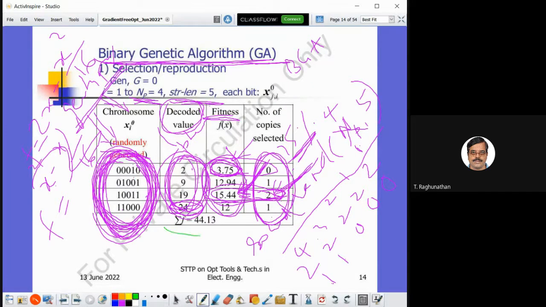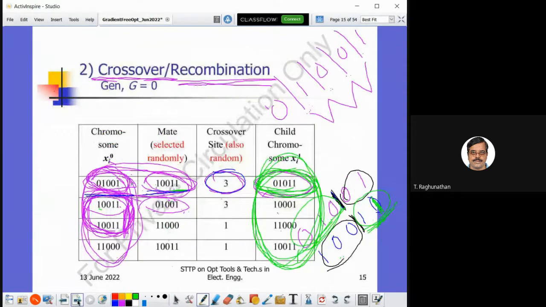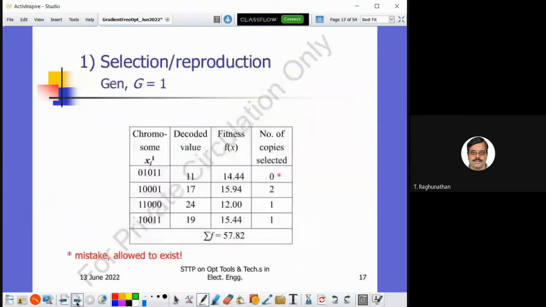The combined fitness of all these parents, the cumulative fitness, sigma f is equal to 44.13, by adding all this fitness. Now for the child generation, the combined fitness has increased to something near 58. Correct.